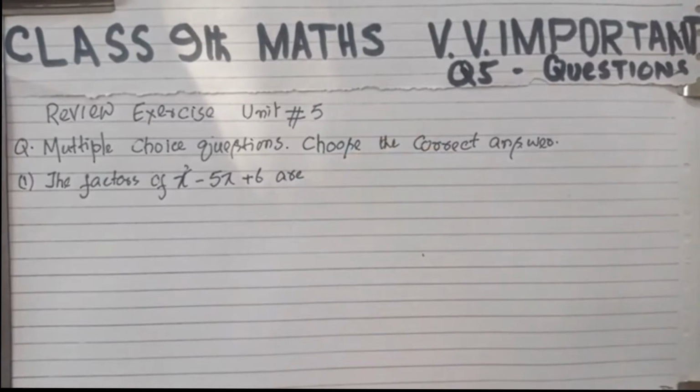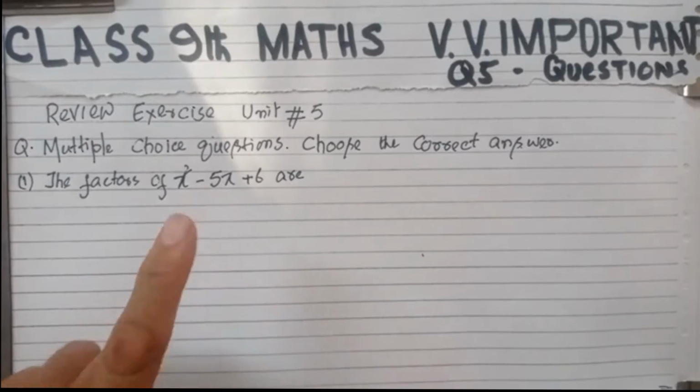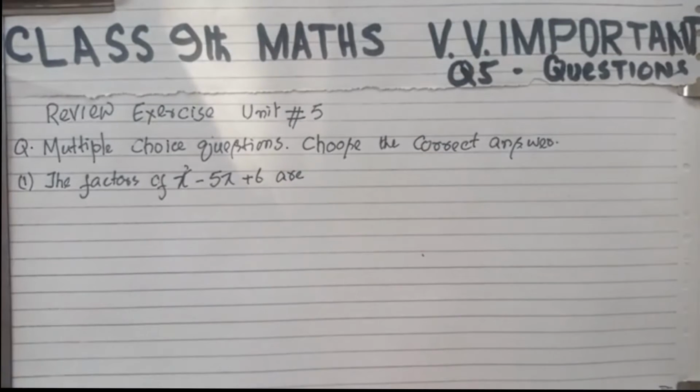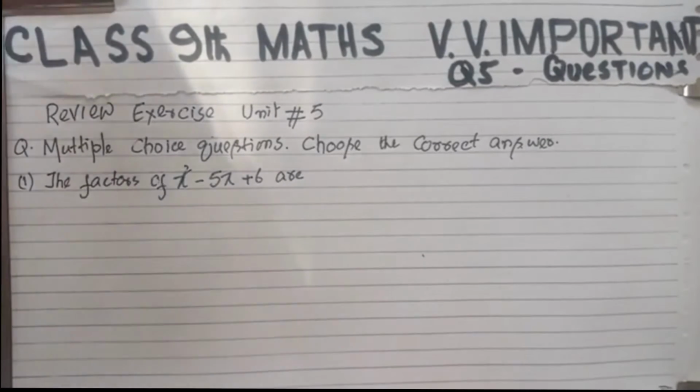Now first of all we should know its factors, then we will be able to select from the answers. If we do not know the answer, how will we select from the different answers he has given? So I will solve it for your practice. You are not required to solve it over there.